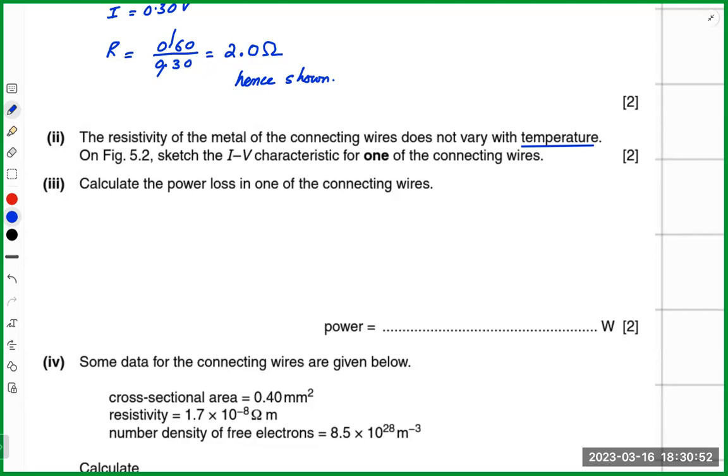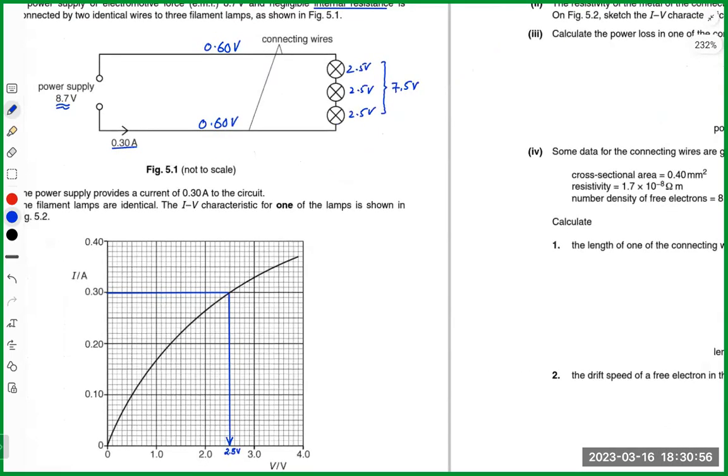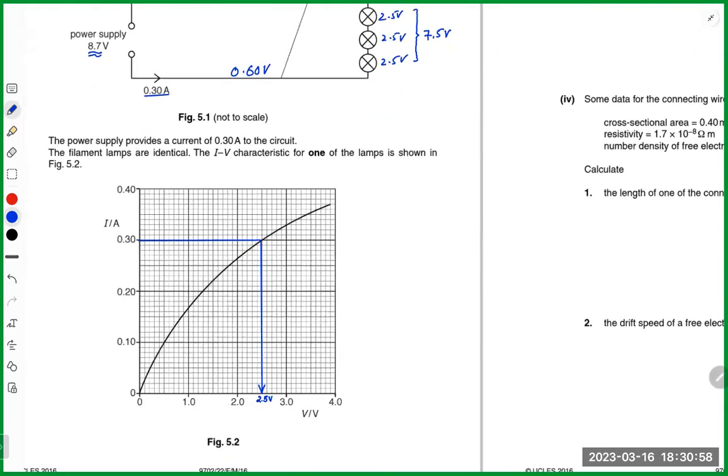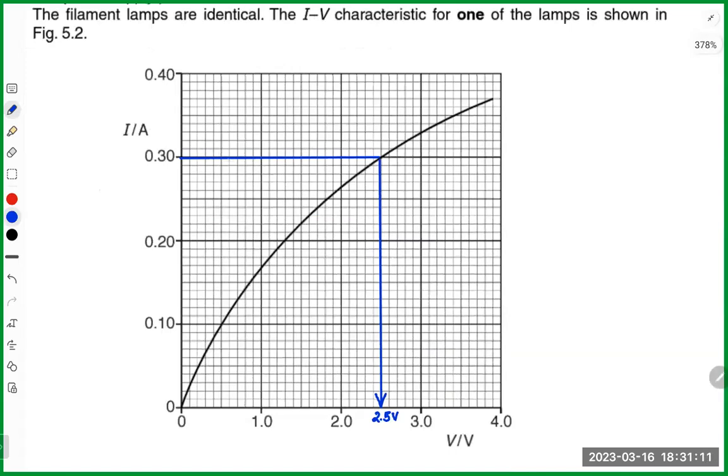When they have a current of 0.3 ampere, their potential difference is 0.6 volt, which is like here.